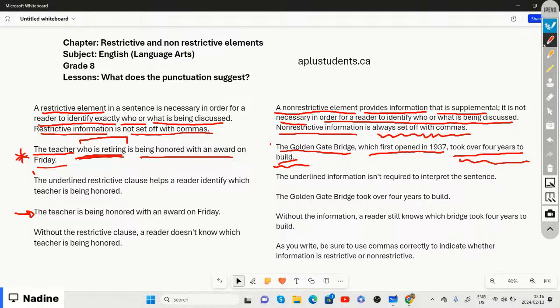Because what's important is that it's the Golden Gate Bridge. Or we can remove "which was first opened in 1937" and just say the Golden Gate Bridge took over 4 years to build, without even having to worry when it was first opened.